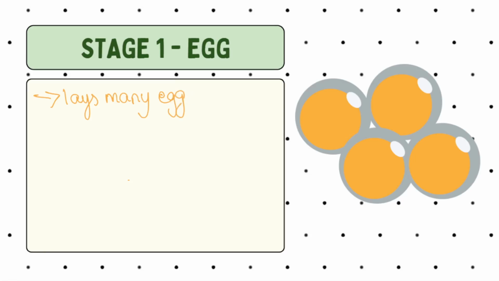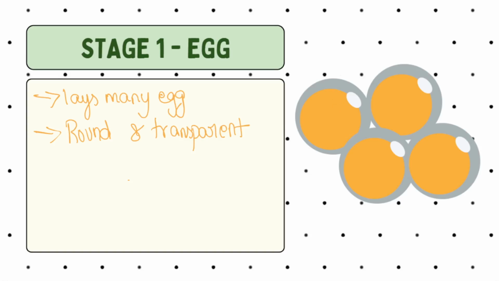Then how is the egg like? It is round in shape, round and transparent. What is the meaning of transparent? You can see inside the egg.